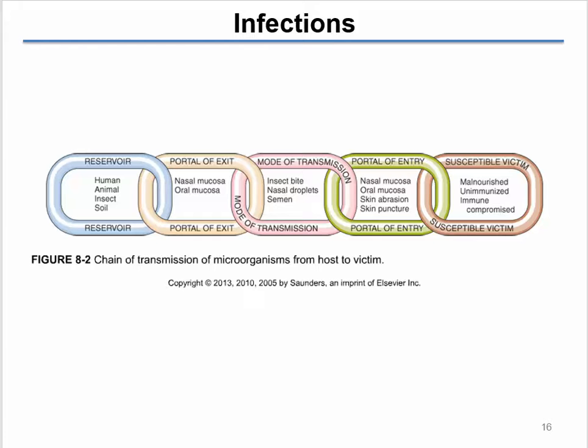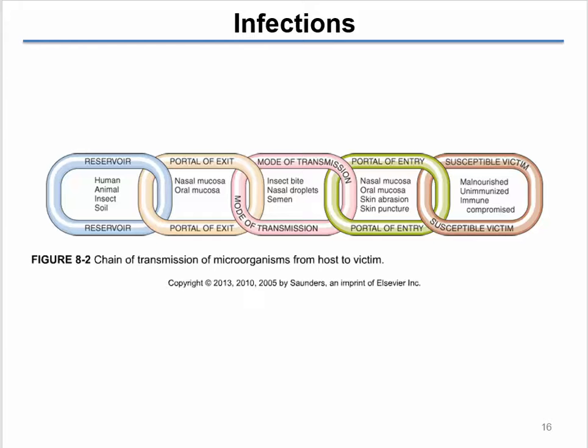So then the transmission has to get to the new person that's going to become infected. It needs a way to get in. So skin punctures, that's how tetanus can get in. Skin abrasions, various mucosa, nasal mucosa, oral mucosa, very common portals of entry.